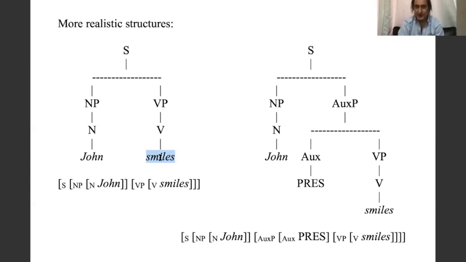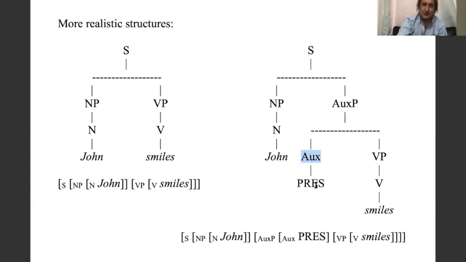Even more complex structures have been given in syntax. We have the noun phrase dominating the noun dominating John here, but instead of just a verb phrase, people have said we have an auxiliary phrase. That auxiliary phrase will have an auxiliary element, which will include tense, as well as some forms of be and forms of have in certain sentences, but not this one.